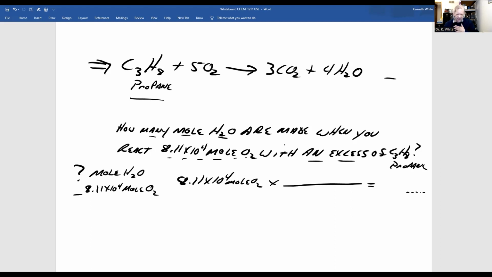Time's up. Ooh, my buzzer was broken. It's right here. We want to get moles of water. And now I'll let you figure out what units go on top and bottom of that ratio.